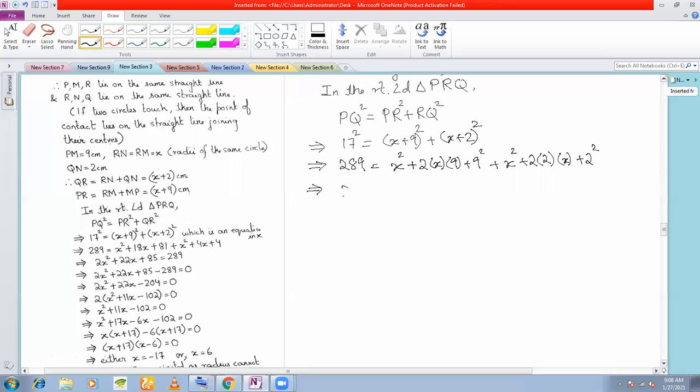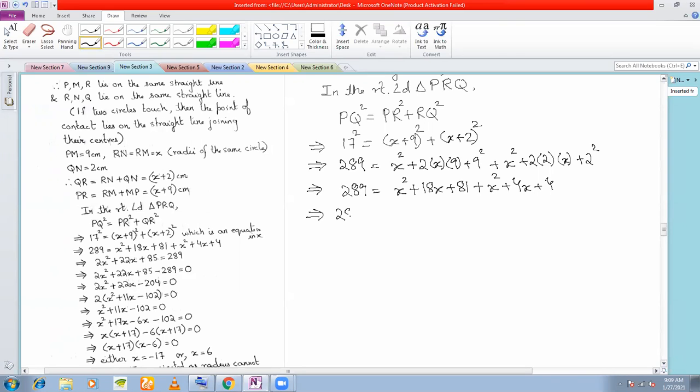That means you get 289 is equal to x square plus 18x plus 81 plus x square plus 4x plus 4.